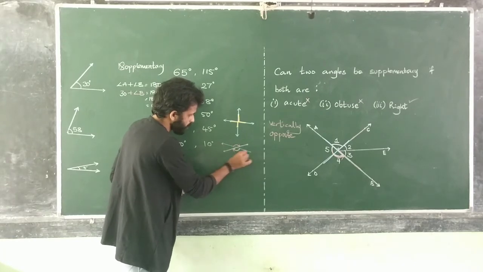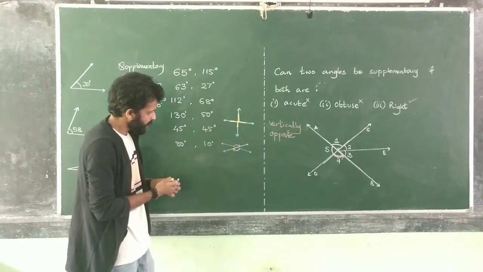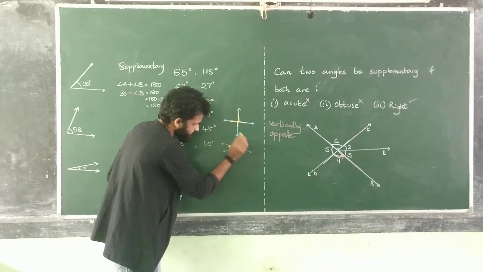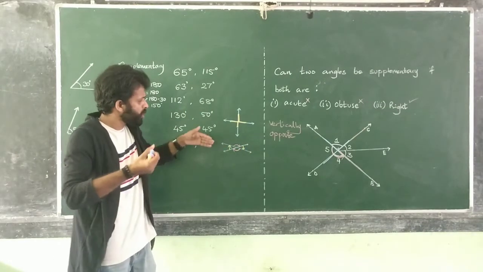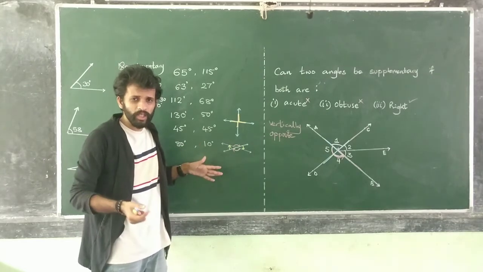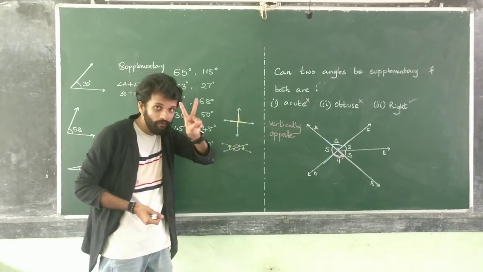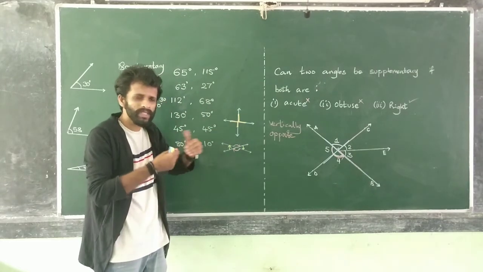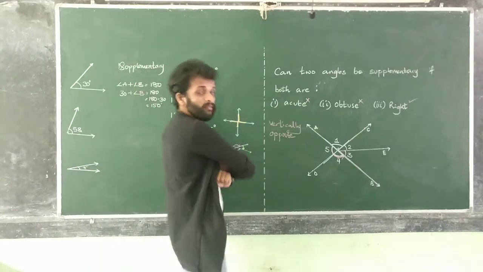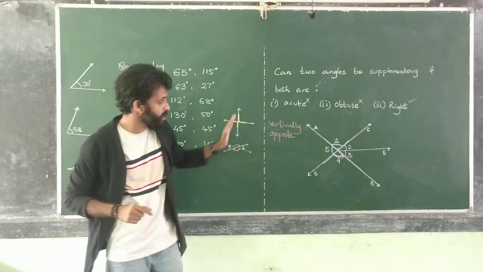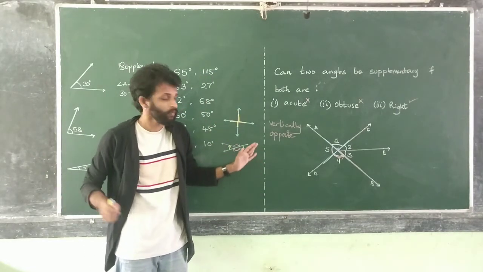And same way, I can write this angle and this angle are vertically opposite. So, two lines, when they just cut each other, vertically opposite angles are formed. How to remember? Vertically, V. Vertically opposite, and they are opposite to each other. One is like this, the other one is like this. Vertically opposite angles. Simple.